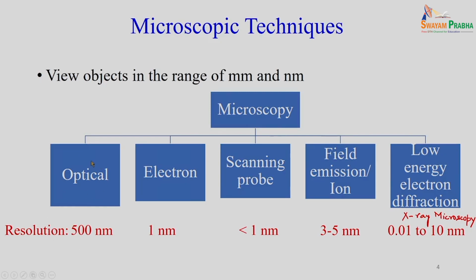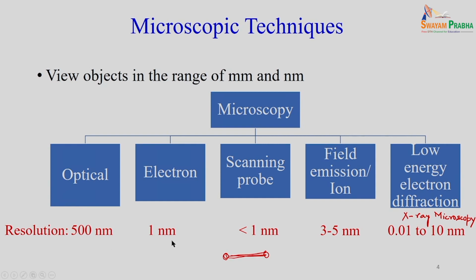As we have different energy sources, different light sources, the resolution also varies. Resolution means the ability to resolve the distance between two particles or two different structures. For the optical microscope, resolution is about 500 nanometer.